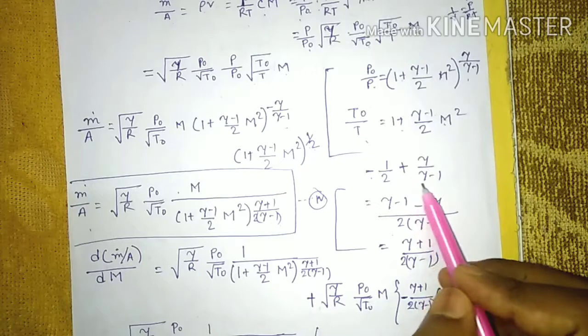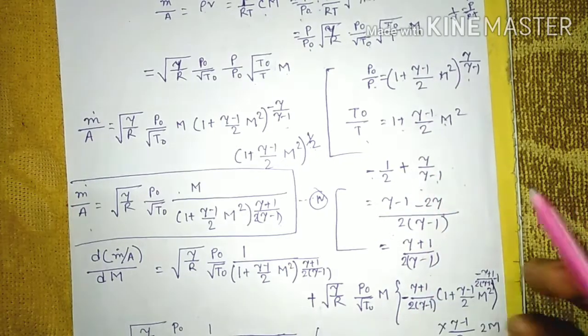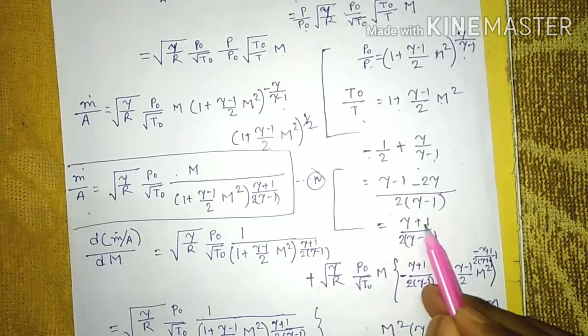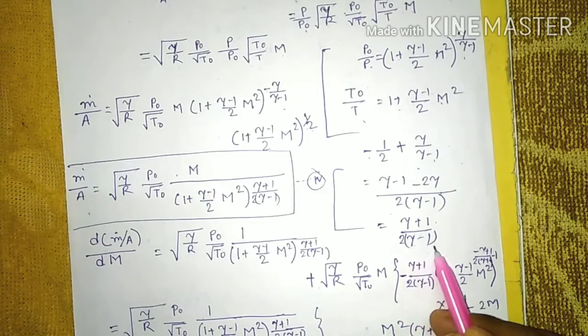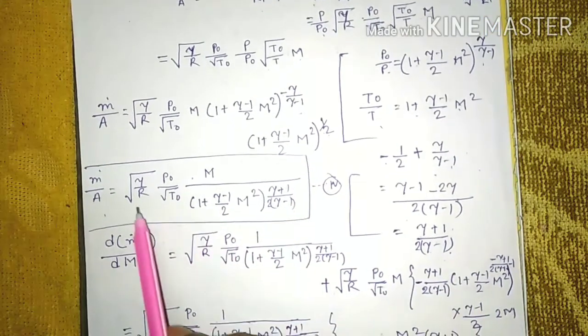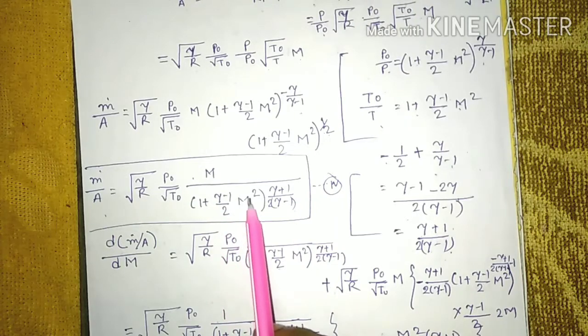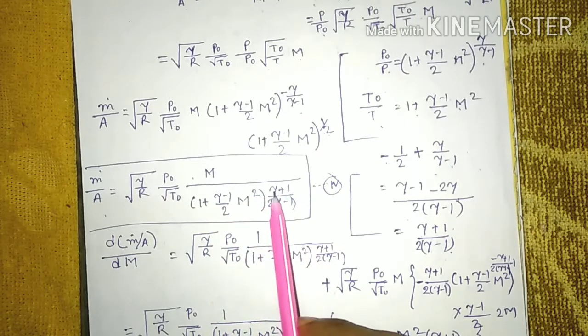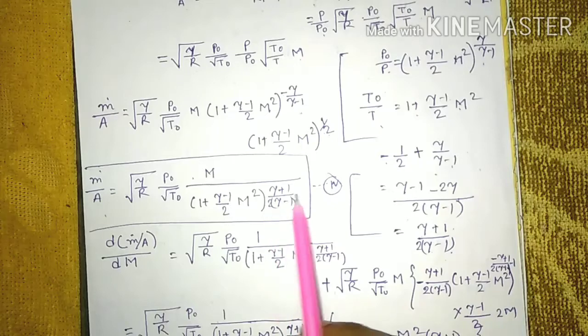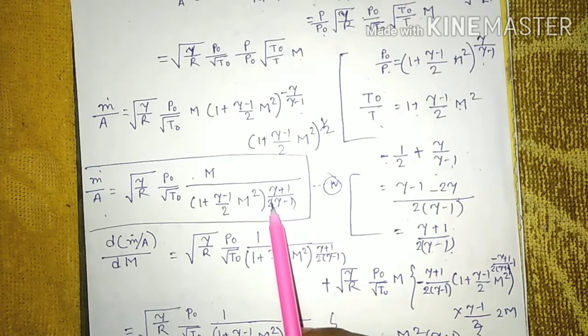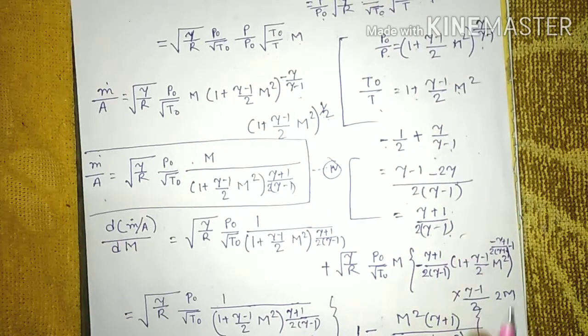Now adding the powers, after all that it will be gamma plus 1 divided by 2 into (gamma minus 1). Now the expression becomes M divided by [1 plus (gamma minus 1) by 2 into M squared] whole to the power (gamma plus 1) divided by 2 into (gamma minus 1), so that is coming here.